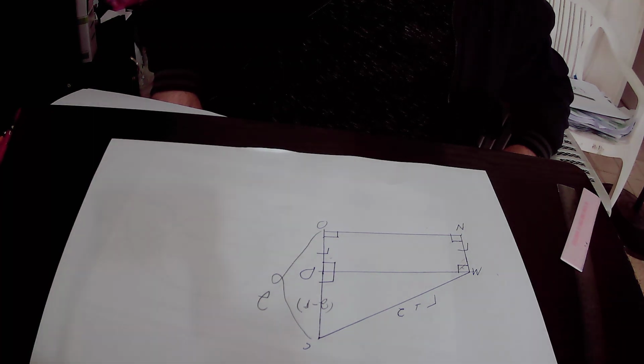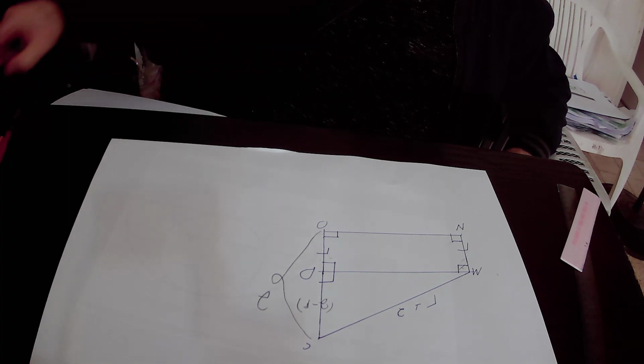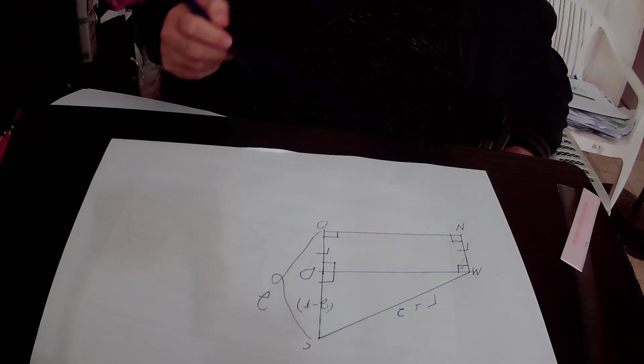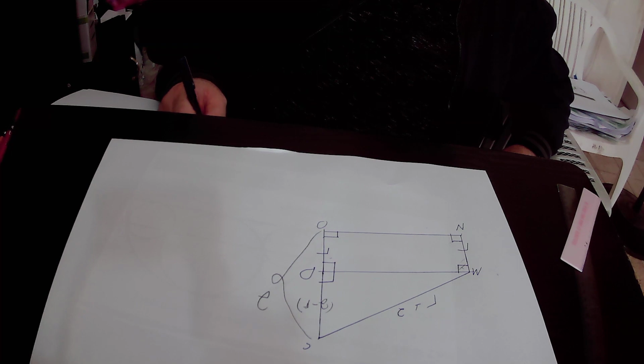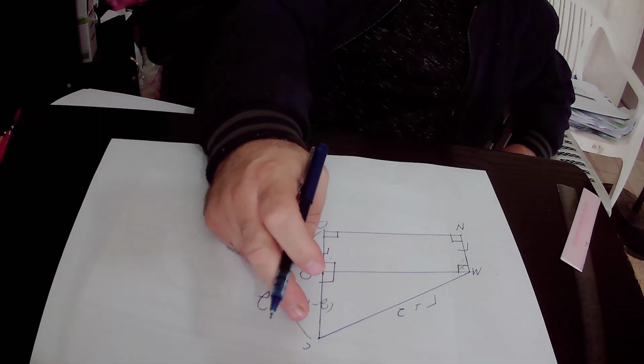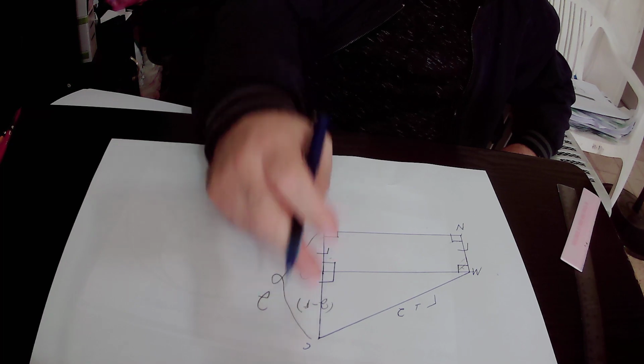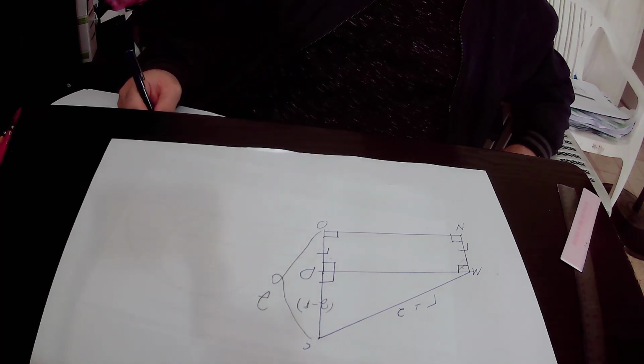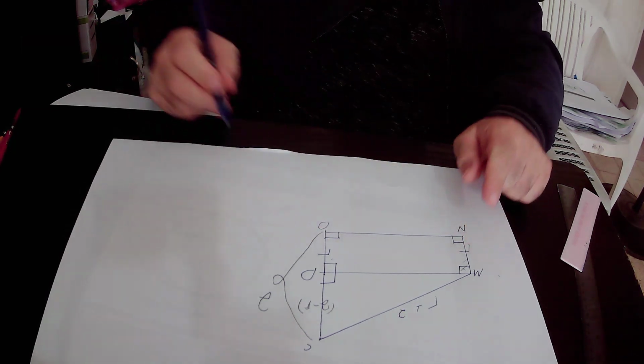That is to say, MC squared, the hypotenuse squared, will be equal to the sum of the squares of the perpendiculars, CD squared plus MD squared.